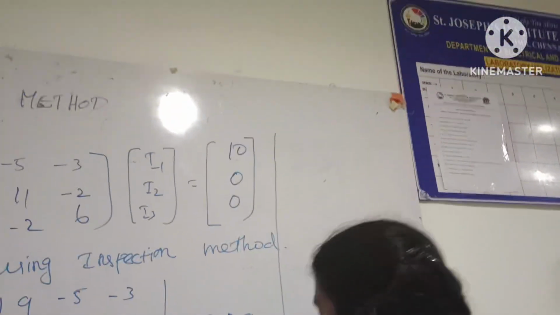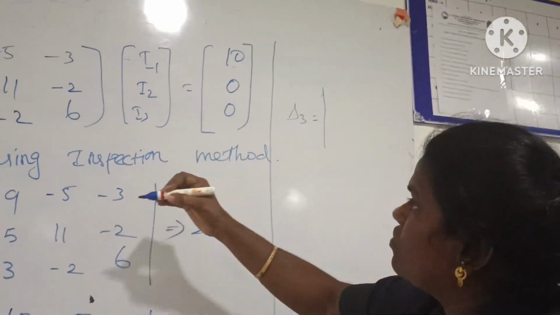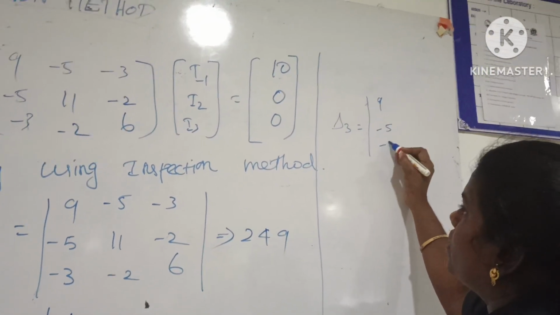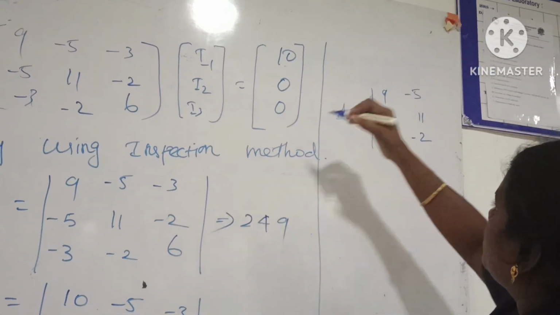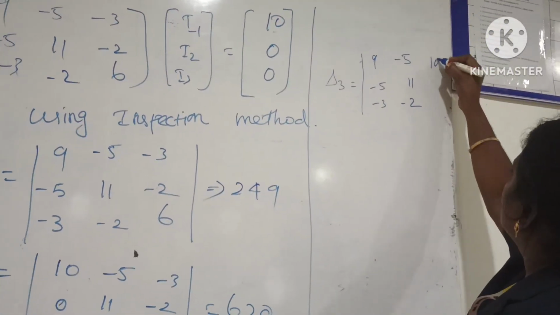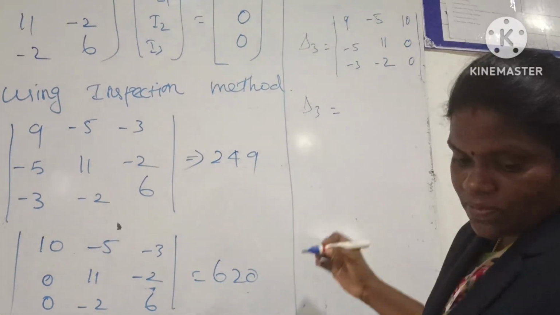Then del 3: replace the third column by the voltage source 10, 0, 0.